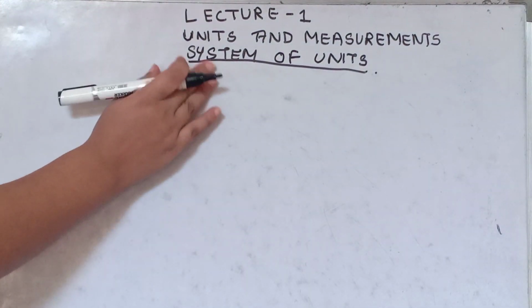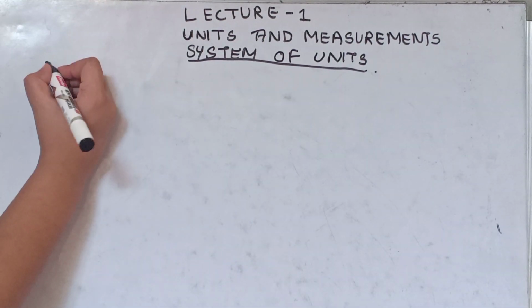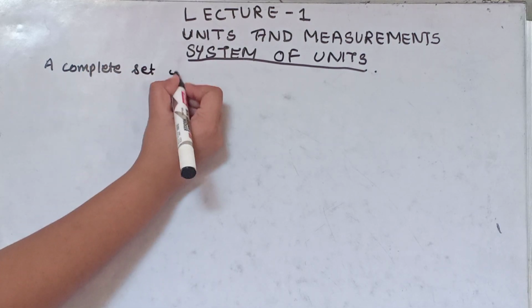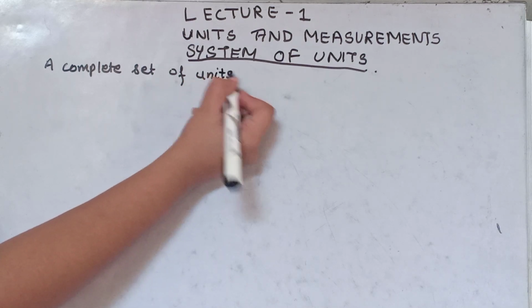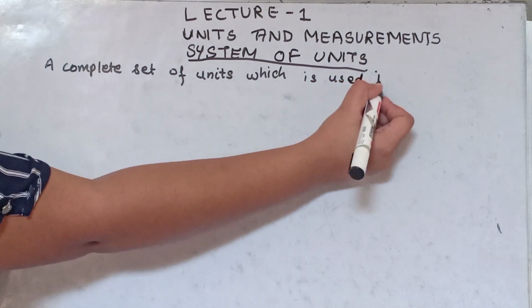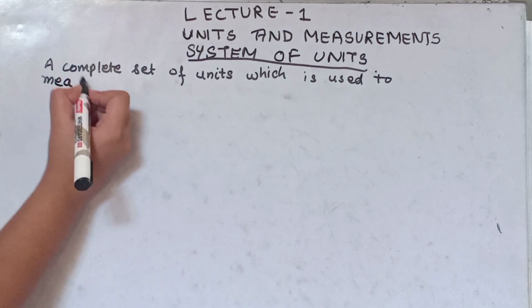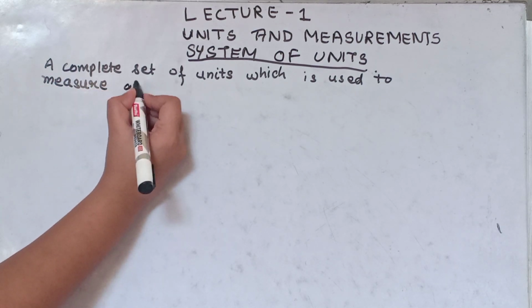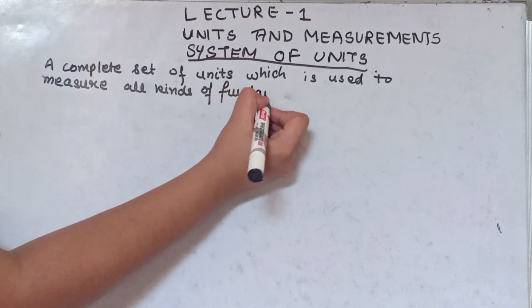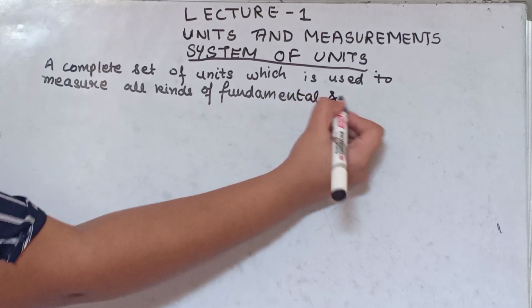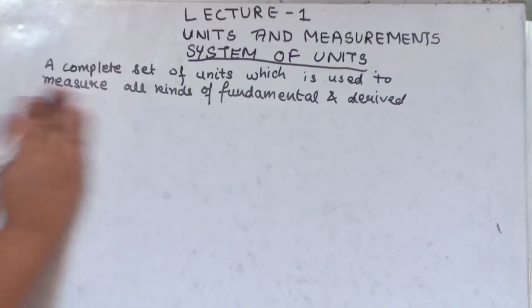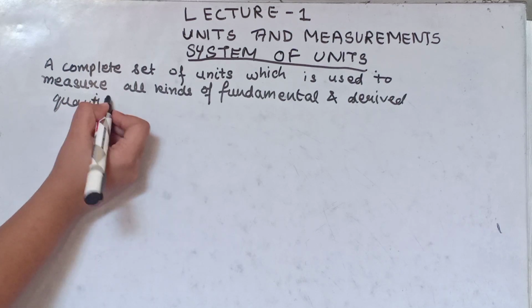Firstly, we'll define what we mean by the system of units. It is nothing but a complete set of units which is used to measure all kinds of fundamental and derived quantities.